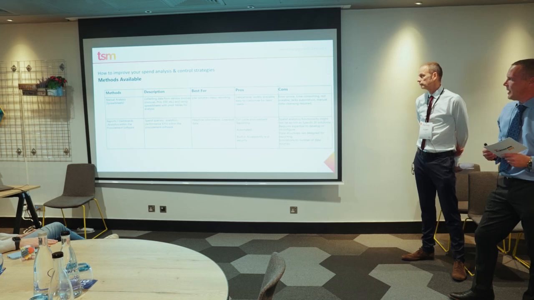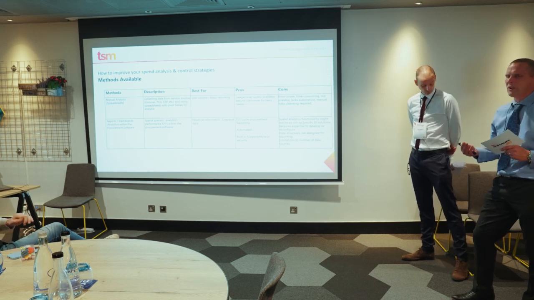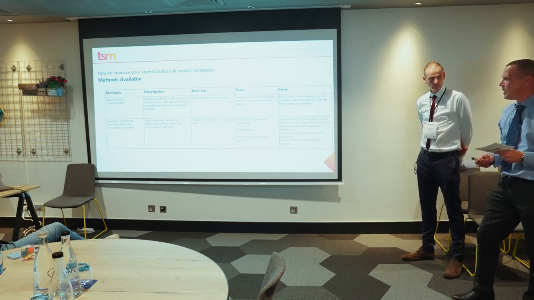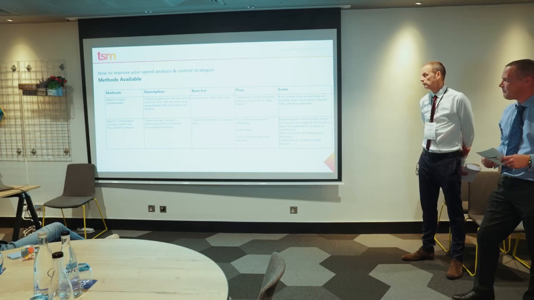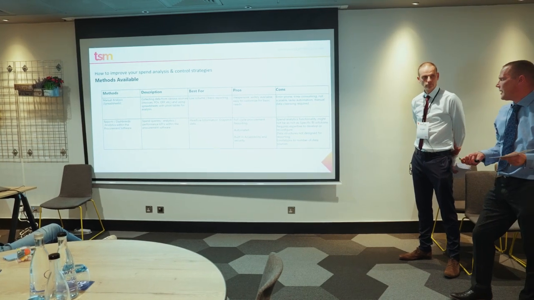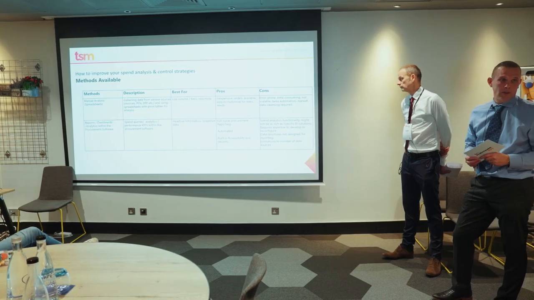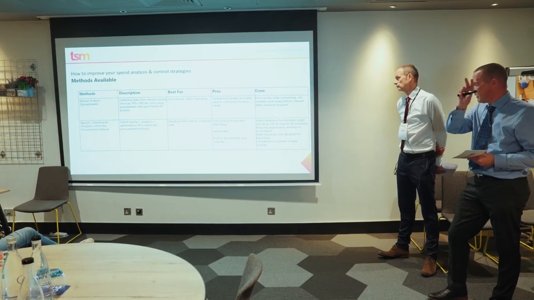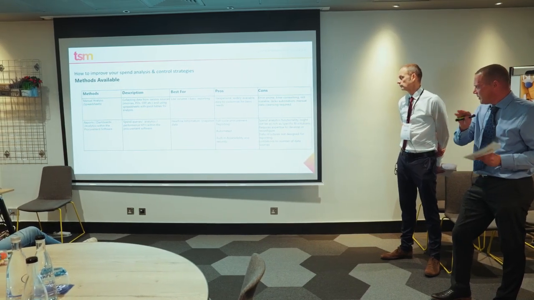So the next step up really is your reporting tools, analytics and dashboards within the procurement software itself. Again, these are good for headline information, for snapshot data. As I mentioned about dashboards earlier, we can get the headline information with the devil in the detail behind it.